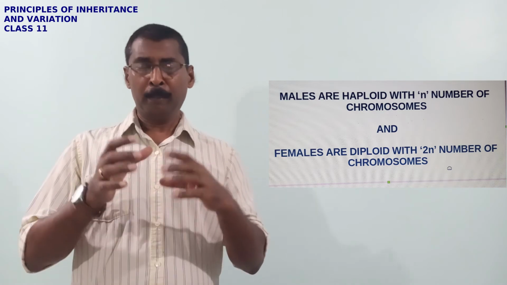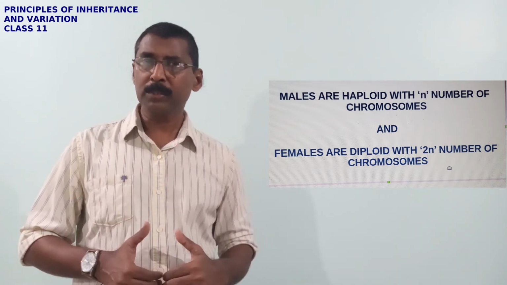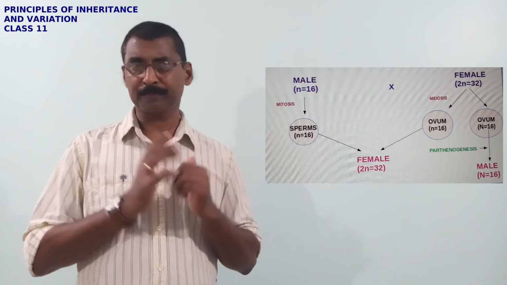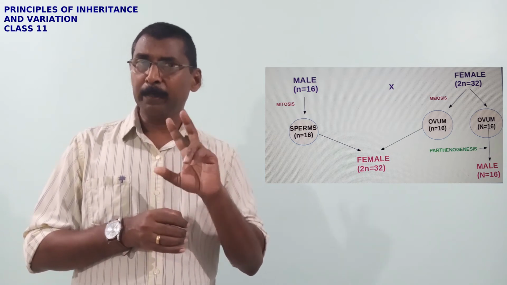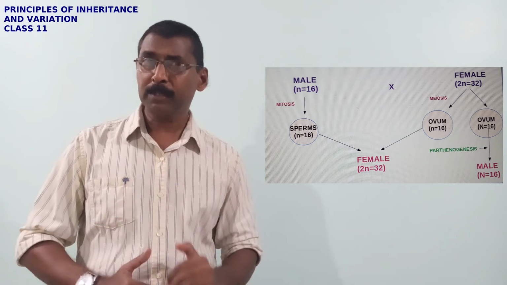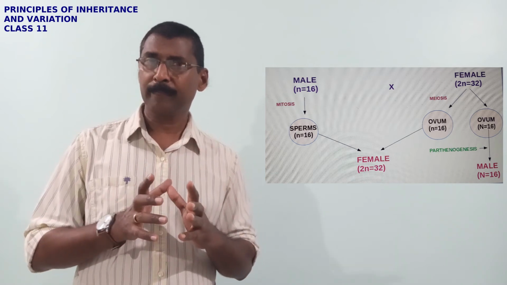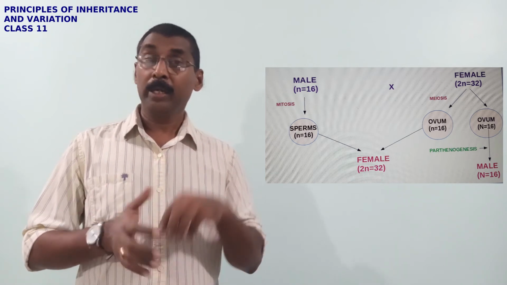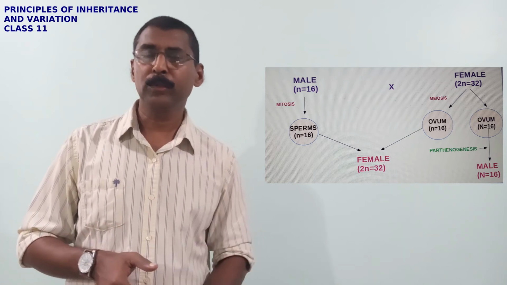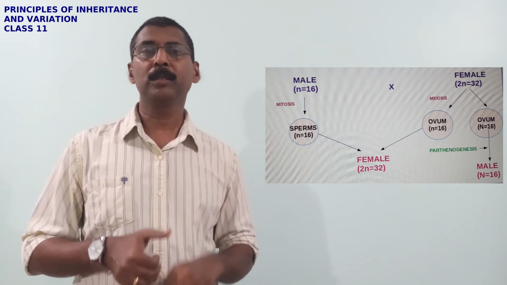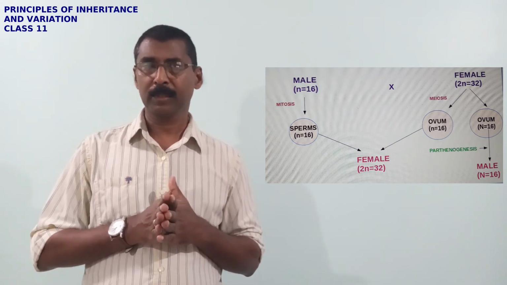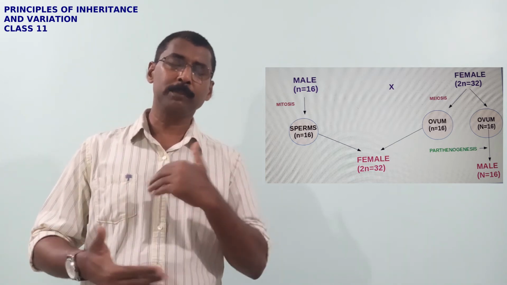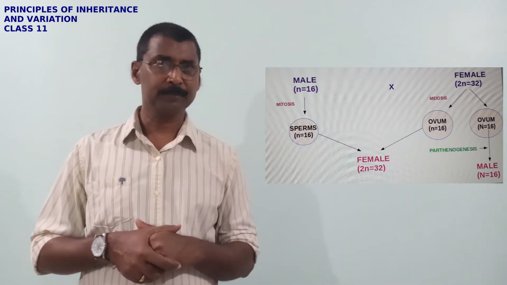Okay. Males produce sperms by mitosis, not by meiosis. Here the sperms are produced not by meiosis, as in other cases, but by mitosis. So as a result, the chromosome number remains the same. So sperms are also with 16 chromosomes.